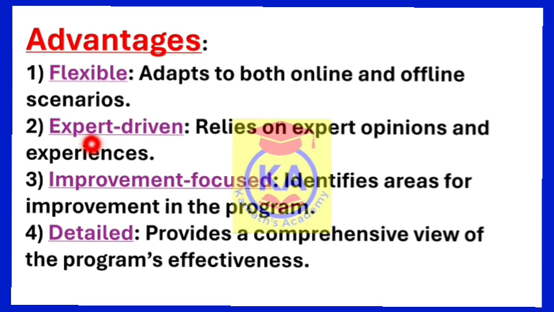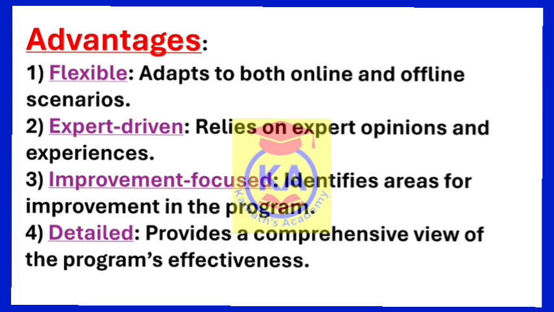The second point, expert driven, relies on expert opinions and experiences. The third one, improvement focused, identifies areas for improvement in the program. So it shows where the weaknesses of the program are. Based on this, the organization can come to know the areas of improvement and focus more on making the weaknesses better.